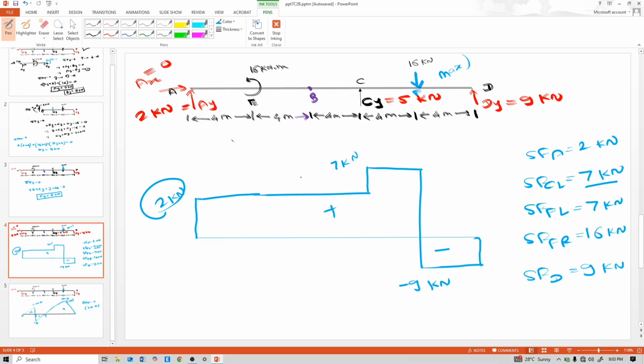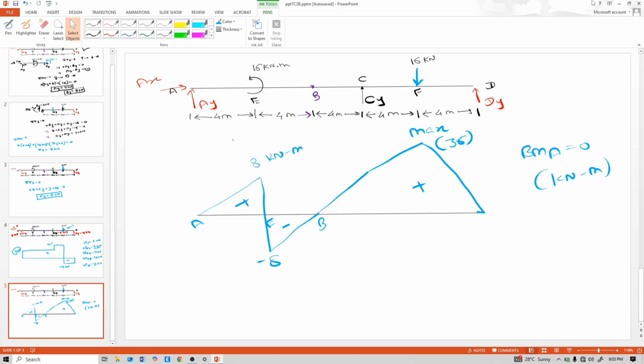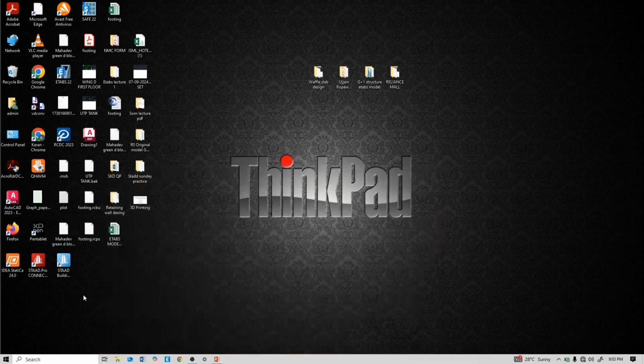And now see this similar example in StatPro calculations.